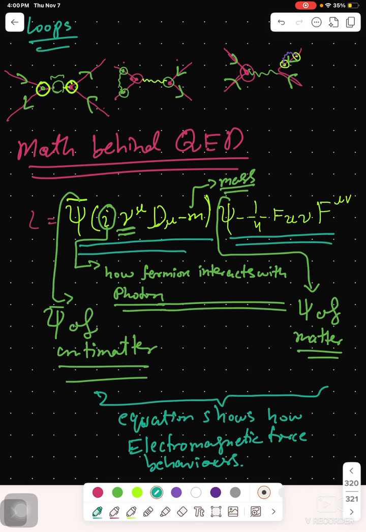And over here, this is something known as a tensor. This one over here is a tensor.